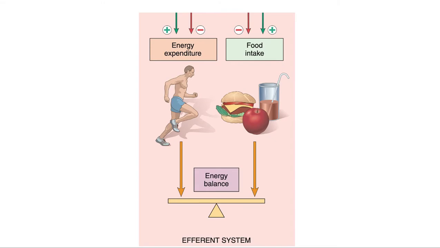The efferent system, which consists of hypothalamic neurons regulated by the arcuate nucleus, is organized along two pathways, anabolic and catabolic, which control food intake and energy expenditure respectively.